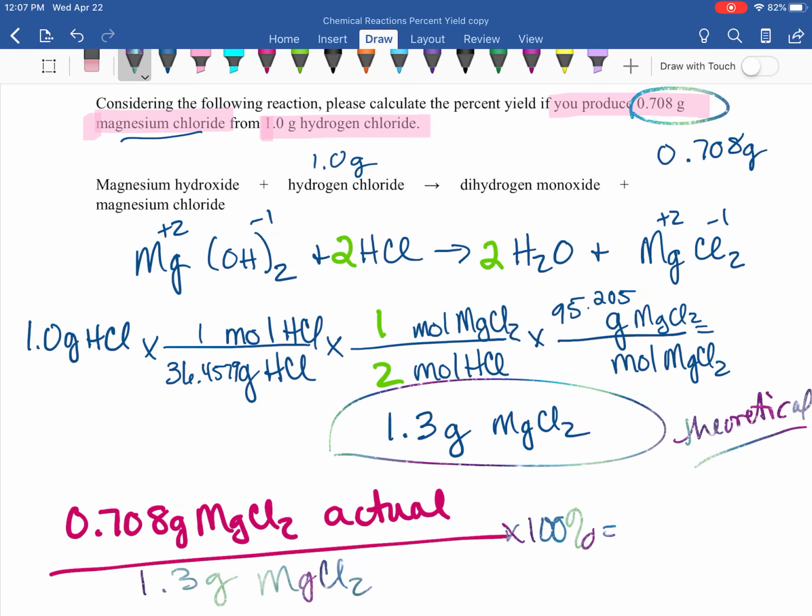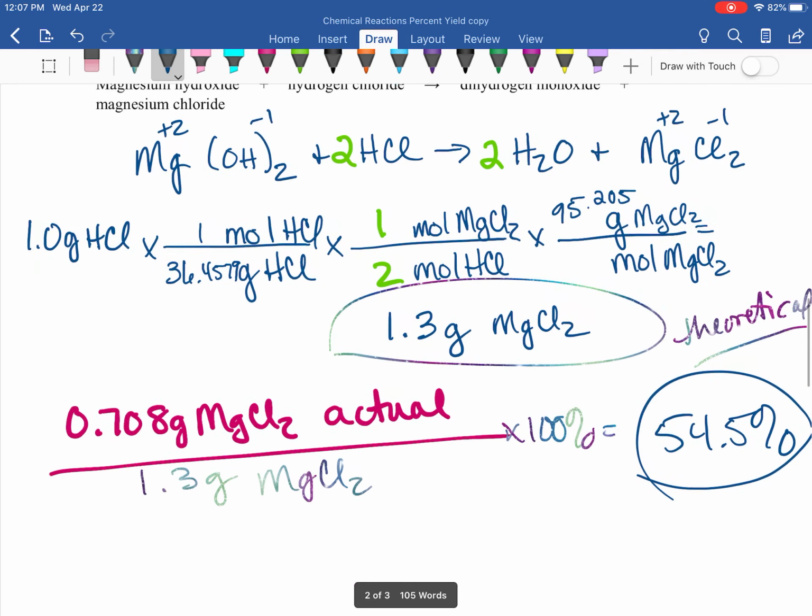And let's figure out our percent yield. I get, ooh, this one's a little lower, 54.5% yield. All right, awesome.